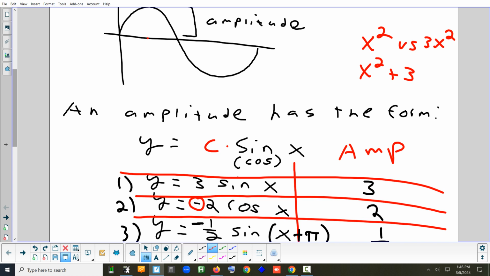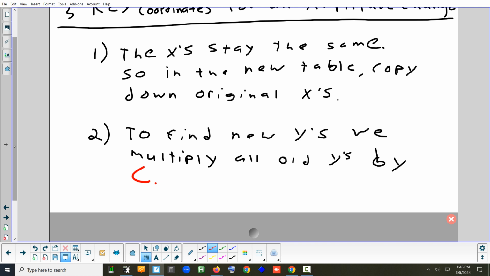C is the number that's in front of the sine function or cosine function. To find the new y's, multiply the old y's by c, not the absolute value of c. Absolute value is only if I ask you for the amplitude. If there's a negative with the c, you need to use it because the negative is going to cause the graph to flip.